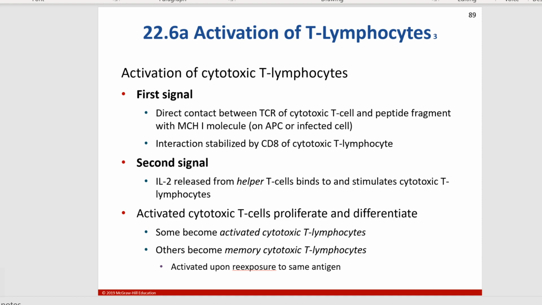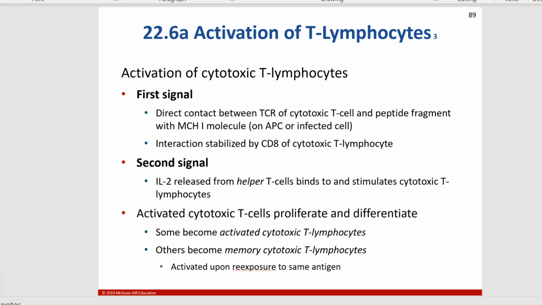The IL-2 that came from the helper T cells binds the cytotoxic T lymphocytes and causes them to proliferate. So you get a T cell response in both the helper T cells and the cytotoxic T cells. The proliferation occurs, and you get many of them to go out there and fight the disease, fight the infection.